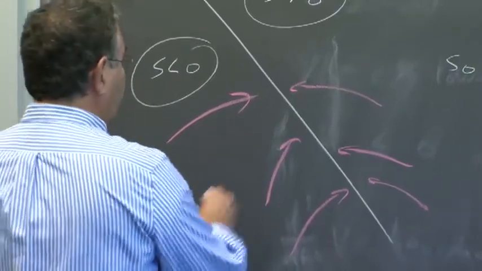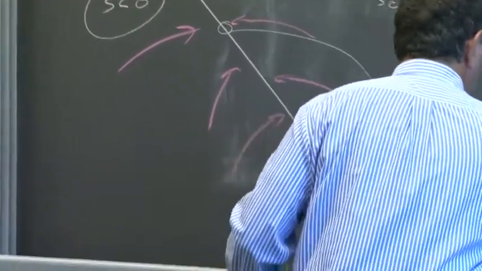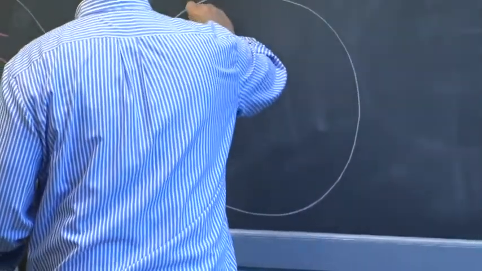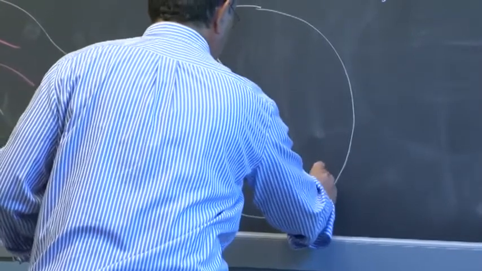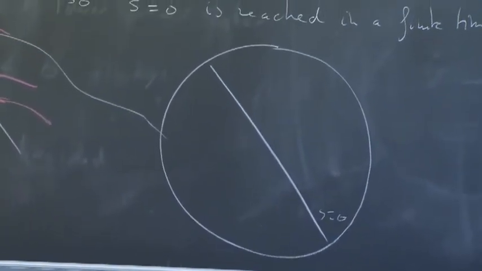And we take a little point here, take a magnifying glass. So now we have the same surface here, s equals 0. And see what happens really, right?